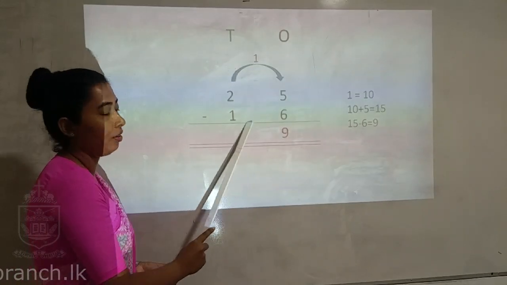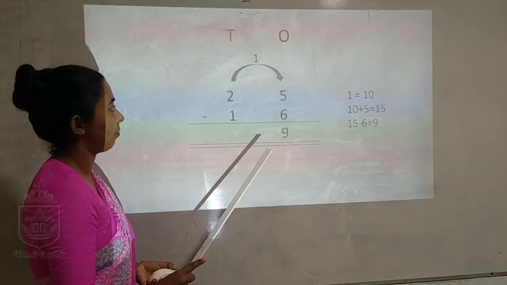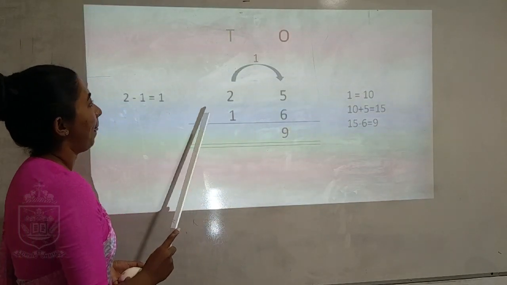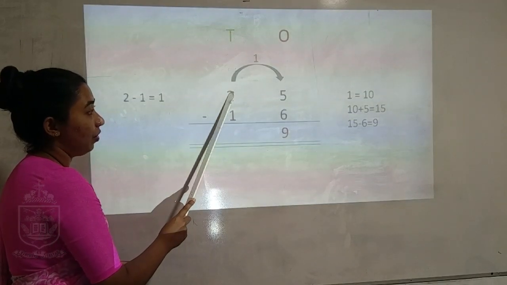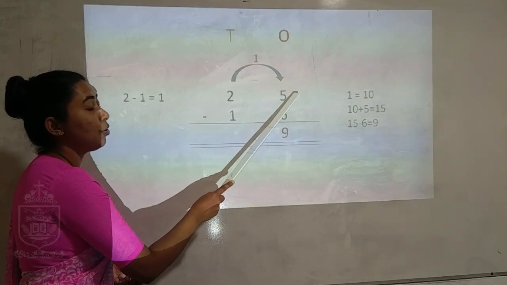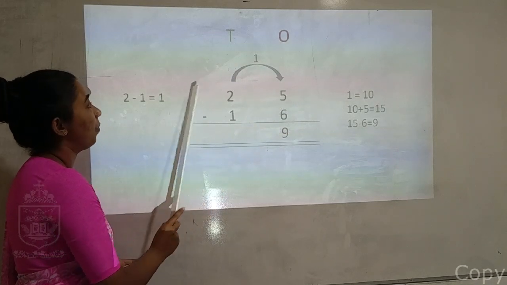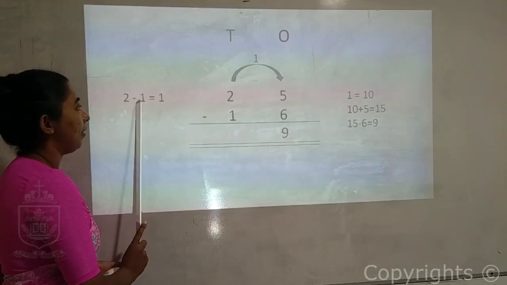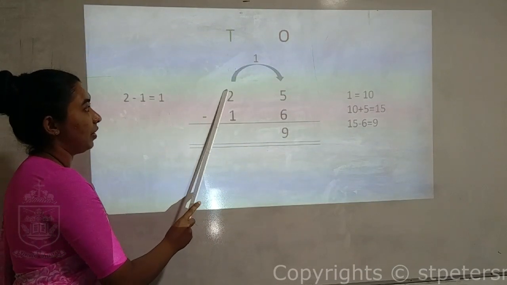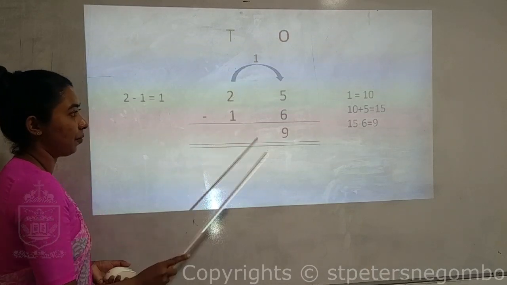Now let's have a look at this. We gave 1 to this group. So 2 minus 1, we can say there's 1 here.